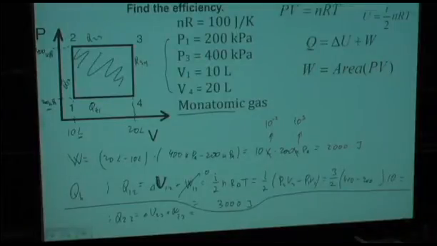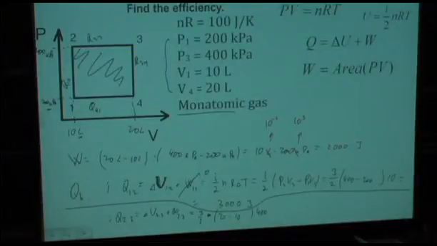Again, 3 divided by 2 times, if the pressure stays the same, that's a common factor. The same equation, but now the pressure remains the same, and the volume changes. So the pressure equals 400 kilopascals, and the volume changes from 10 to 20.